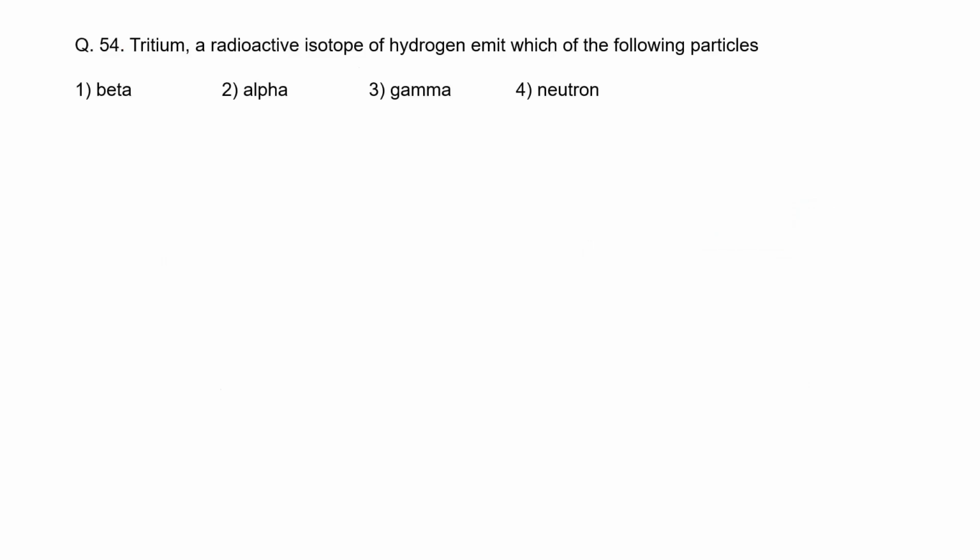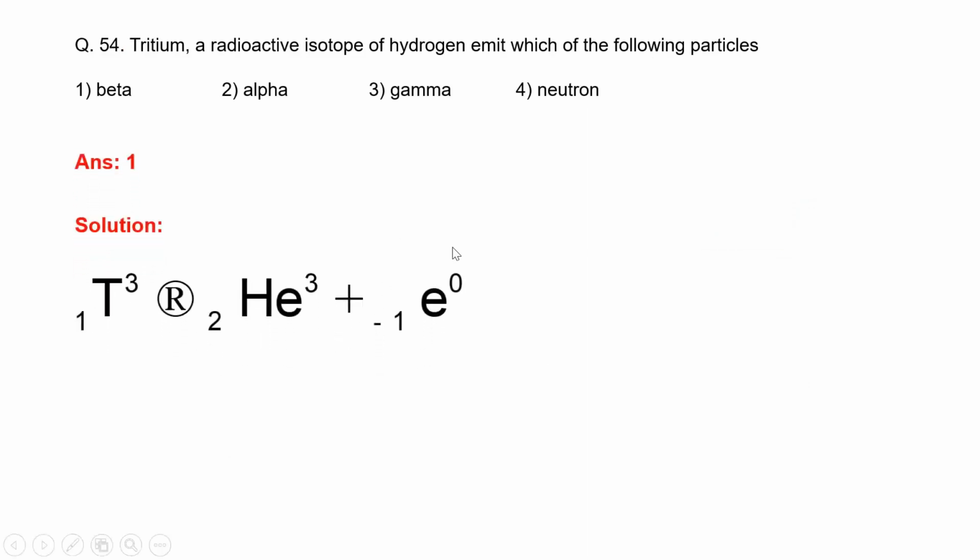Next, question number 54. Tritium, a radioactive isotope of hydrogen, emits which of the following particles? Tritium is a radioactive isotope of hydrogen, which emits beta particles when it is disintegrating. So it will disintegrate in this way. So option 1 will be the correct answer for question number 54.